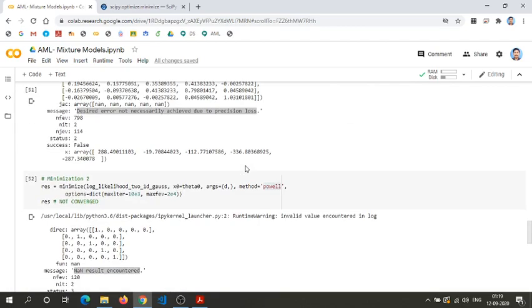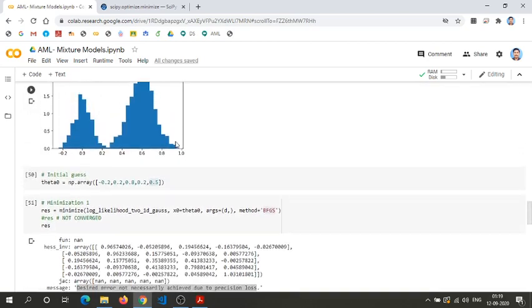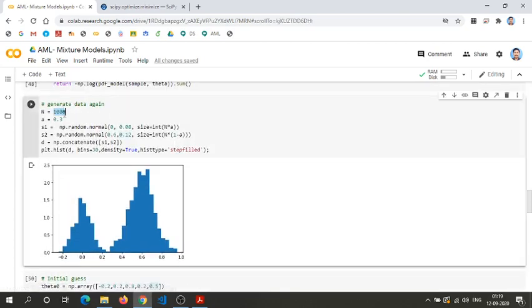But this is because your data is very small and it has only a mixture of two Gaussians. What about if it has hundreds of Gaussian distributions, a mixture of hundreds of Gaussians?